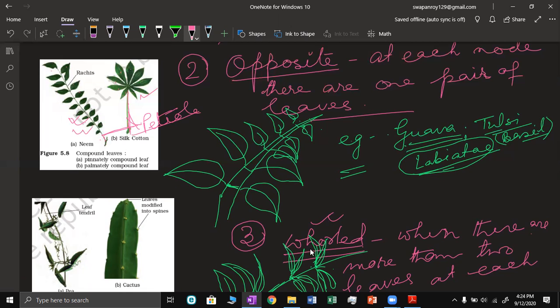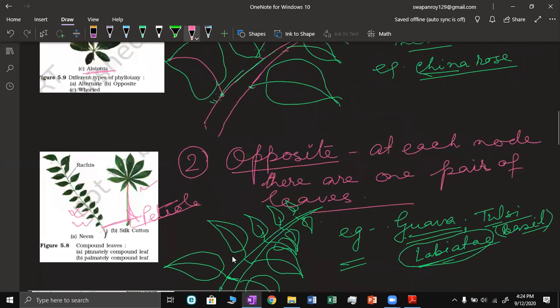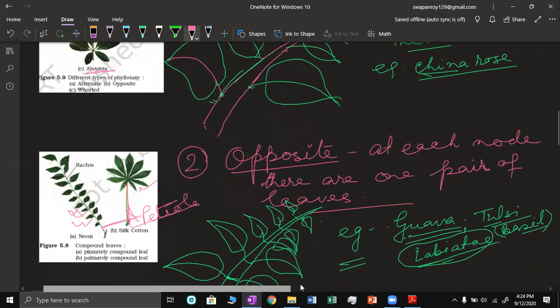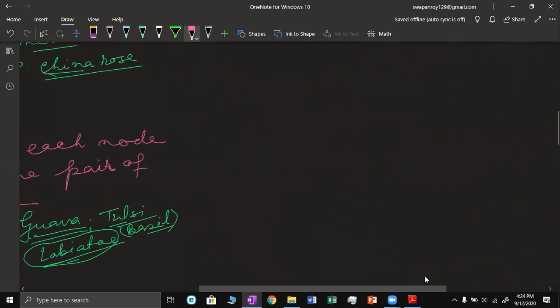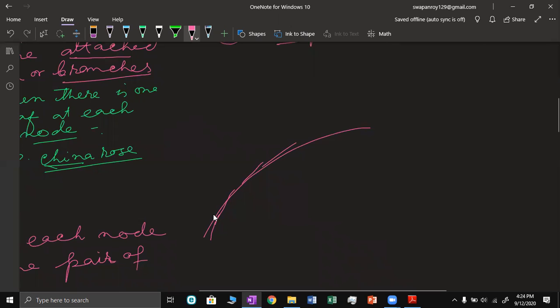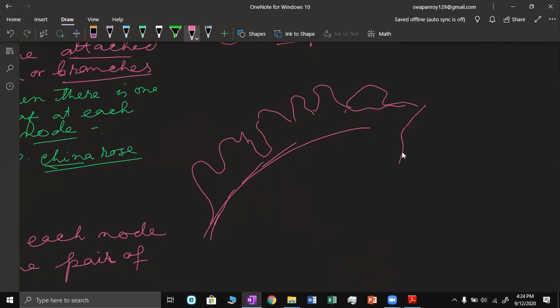Actually, say if this is a leaf, have you seen the leaves of radish? Their margin is very much wavy.